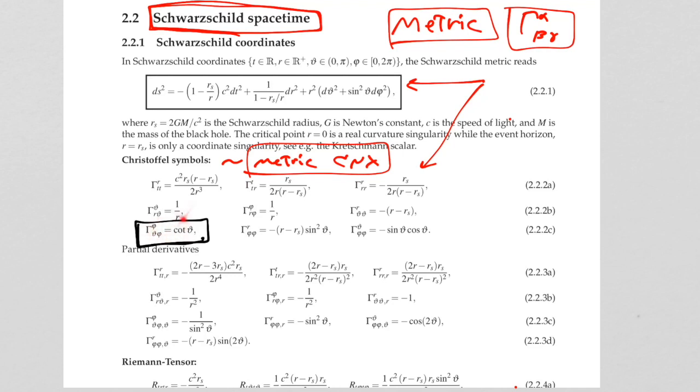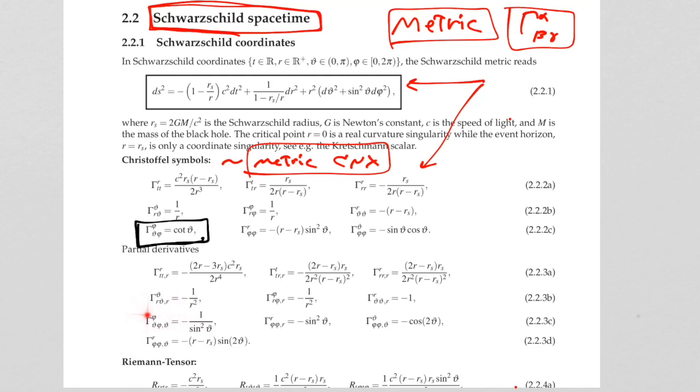So for example, this guy, it's a function of theta. So I should be able to find a comma theta version of that. And there it is, right? And sure enough, that's not too hard. You just take the derivative of this with respect to theta and you end up with that.